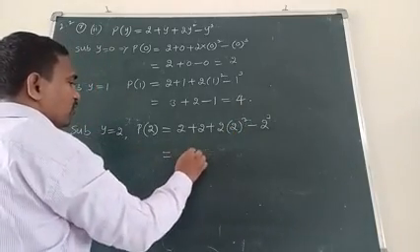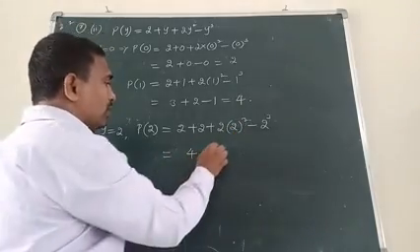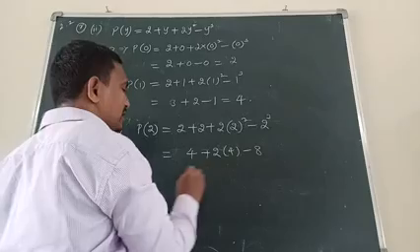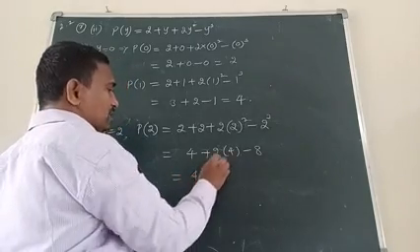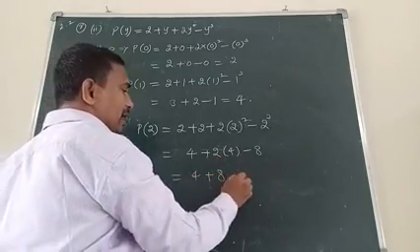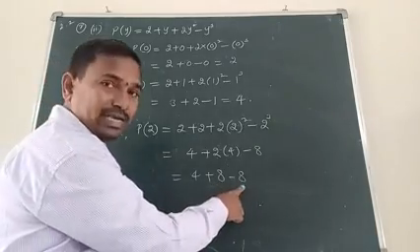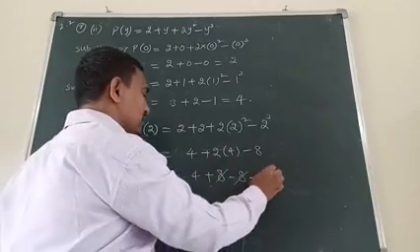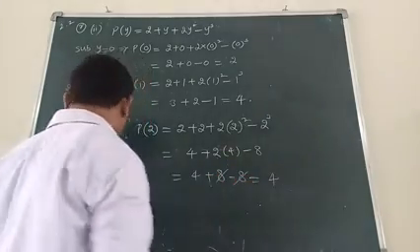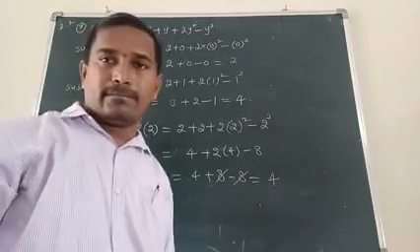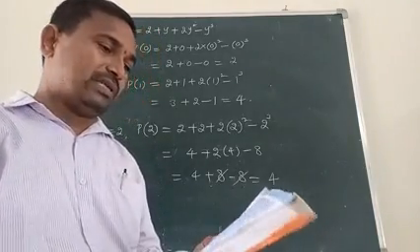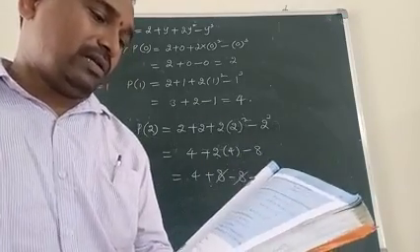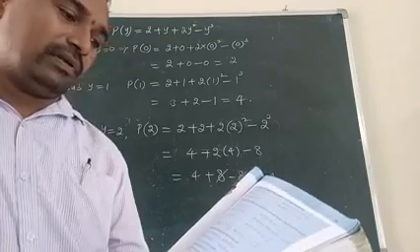So 2 plus 2, 4. 2 into 2 square is 4, minus 2 cube is 8. 4 plus 2 fours are 8, minus 8. 8 minus 8, 0. So we can cancel. So that is 4 plus 0 is 4. Okay. So complete the first one, second one, and I will explain the third one, fourth one, fifth one tomorrow.